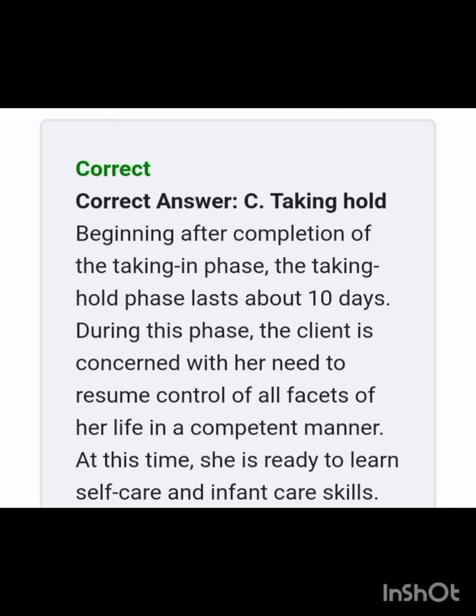That means she gets the confidence of taking hold of that newborn baby after 10 days of her delivery. After 10 days of delivery, she will develop an attitude of taking care of herself and also taking care of the infant. She will be ready. That's the meaning of taking hold here.